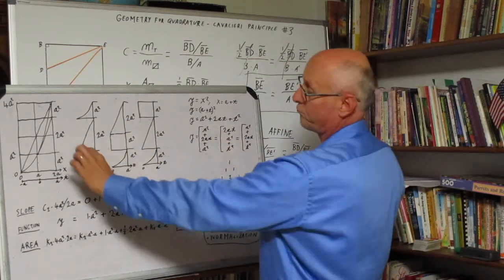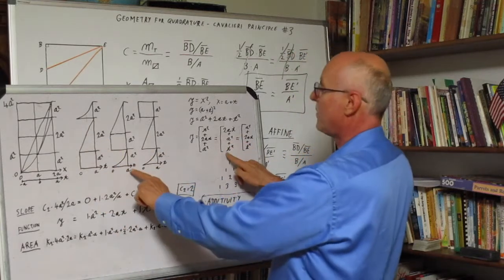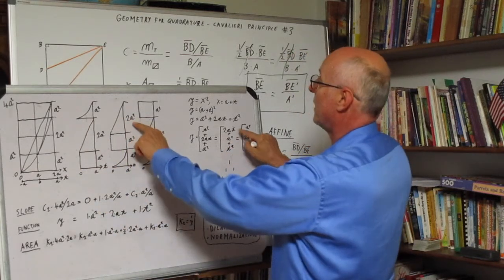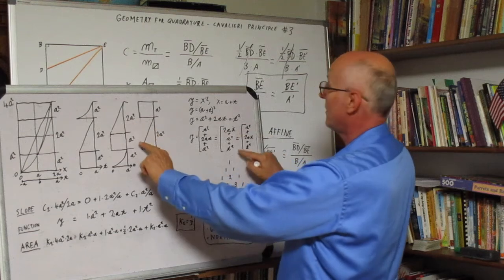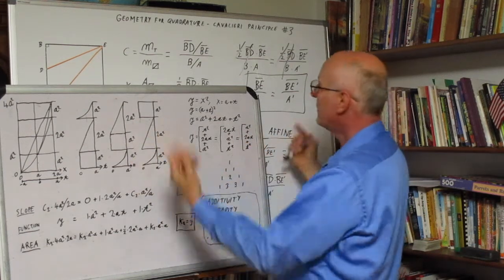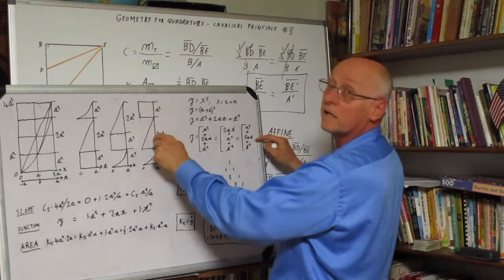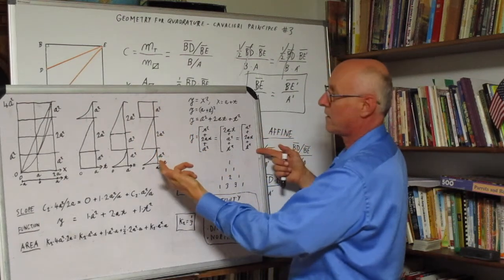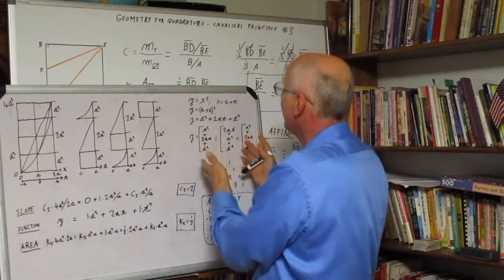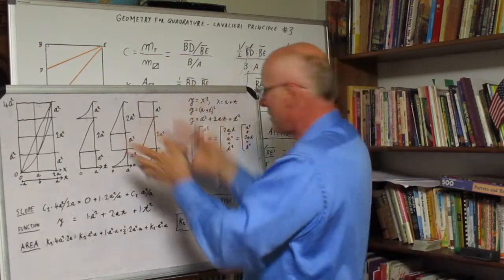And a squared, this is our constant. And then you can see the similar thing here. There's our linear 2at, here's our constant, and here's our quadratic. Well, same thing here. Here's our constant, linear, and quadratic. And it's all the same thing. It's the same thing in terms of algebra. It's the same thing in terms of geometry.